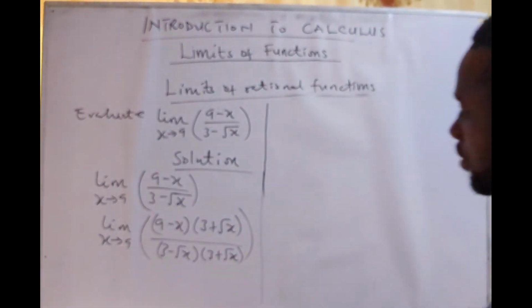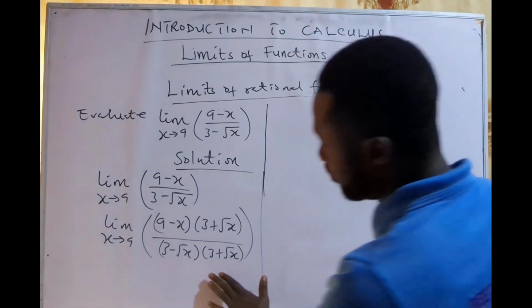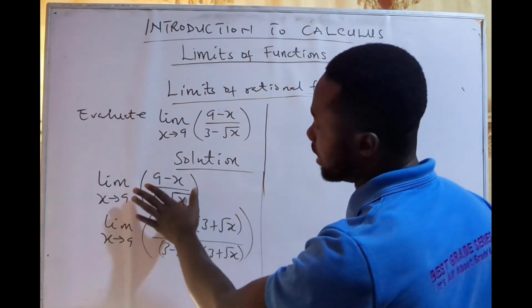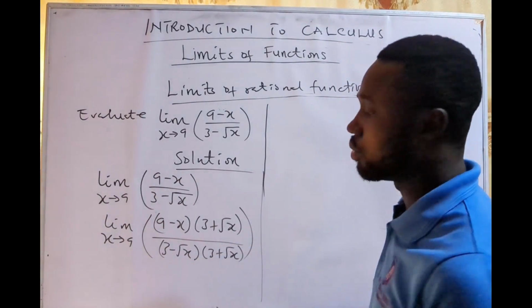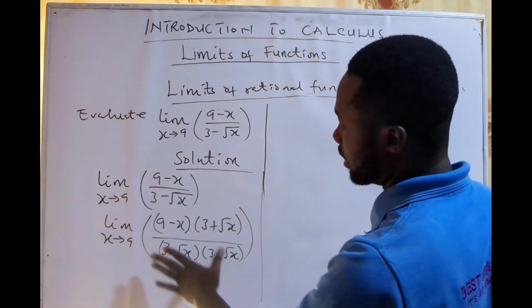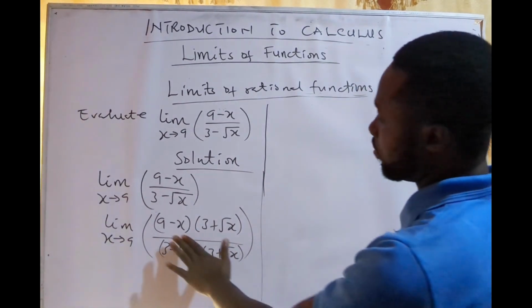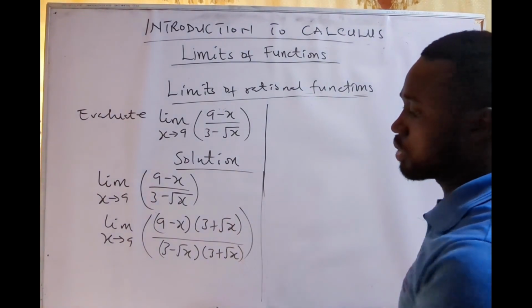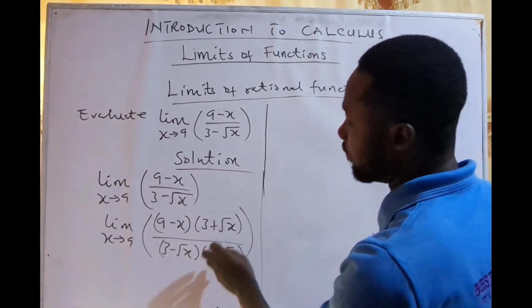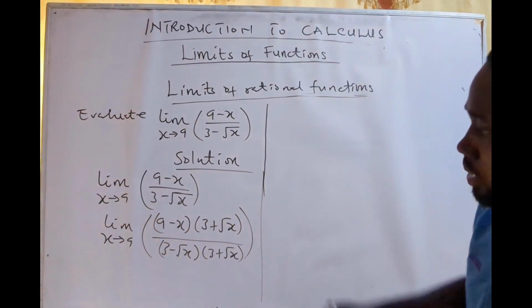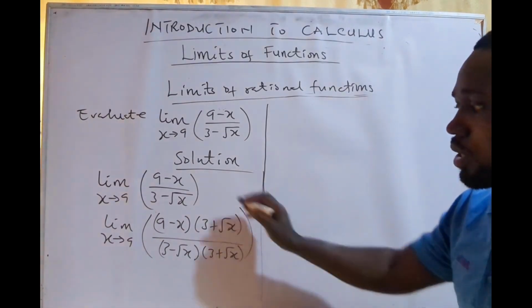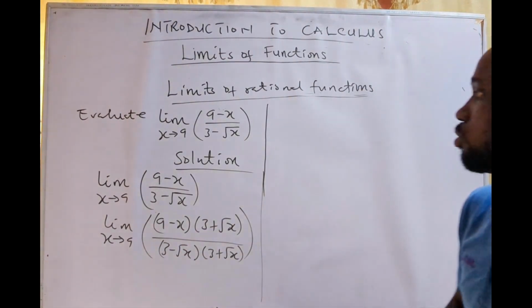Try and work with the denominator, because it's the denominator that the work has to be done on, so that we don't get 0. Work with the denominator and see if you can get a factor that can cancel out with the numerator, so that we get a value that will make the function not undefined.